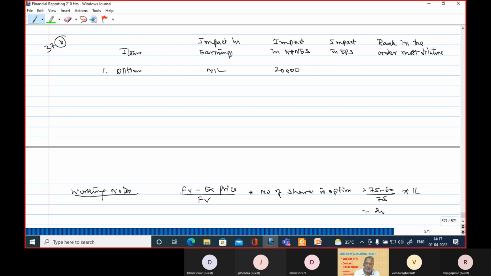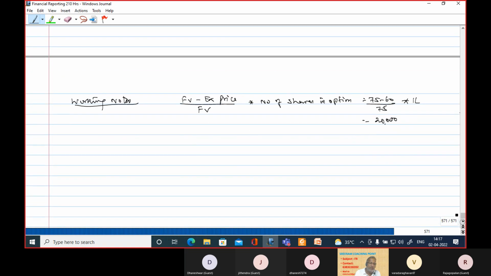So 20,000 shares. So this is the straight formula. This is alternative one, straight formula, where I'm not giving you the logic behind it, I'm using it.